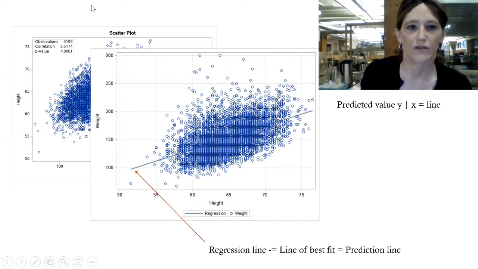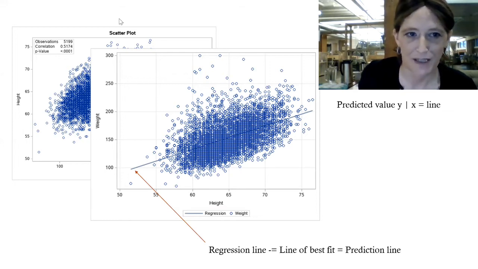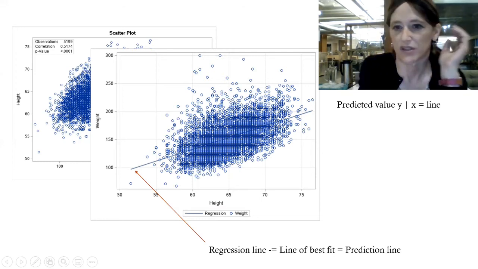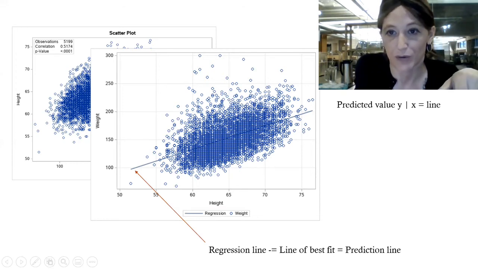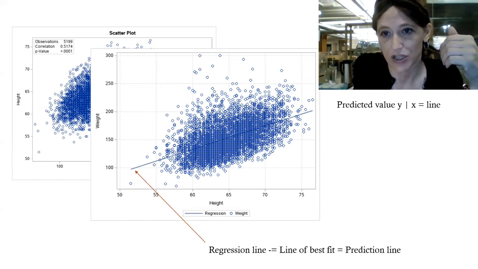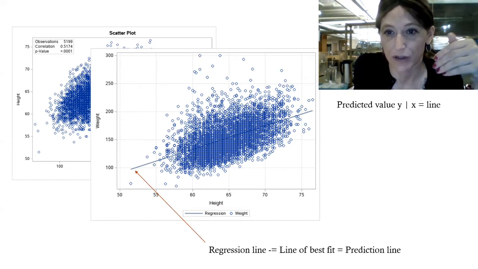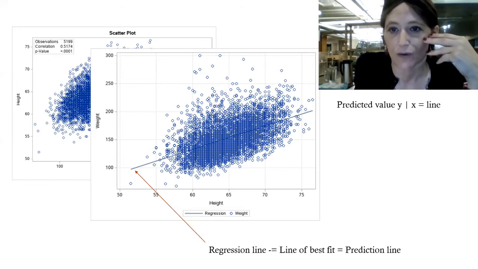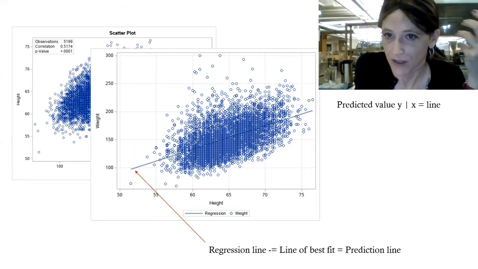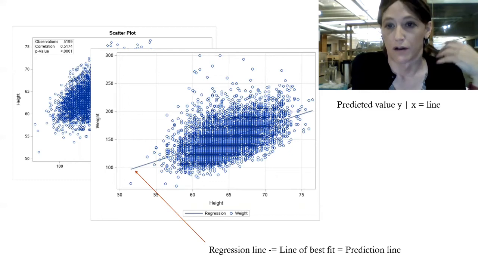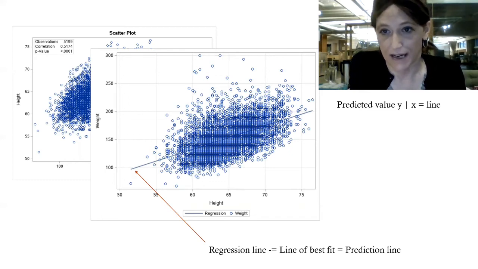Well, you might be saying, if we know their actual height and weight, why do we need to predict it? Well, what we're trying to do here is understand the relationship between height and weight and to model that relationship. But the idea is that we could use this model to say something about people who aren't actually in our data set, right? So we're often doing that with statistics. We're trying to estimate some unknown parameter based on our data.